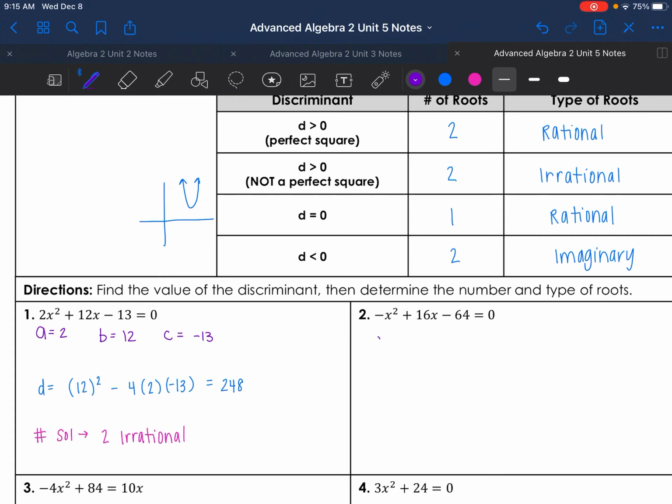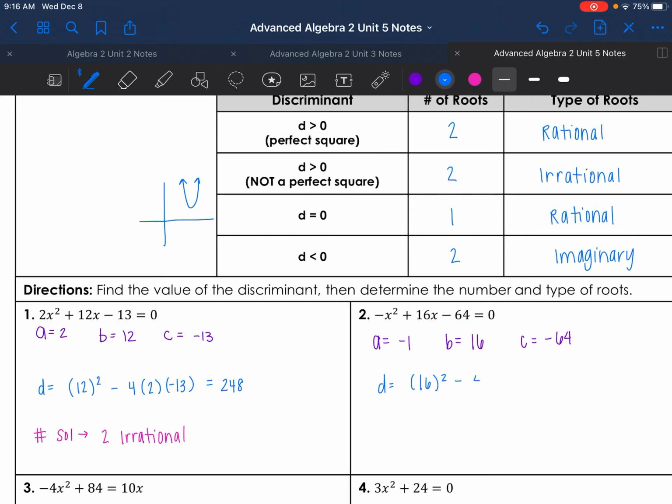So number 2, your A is negative 1, B is 16, and C is negative 64. So the discriminant is equal to B squared.